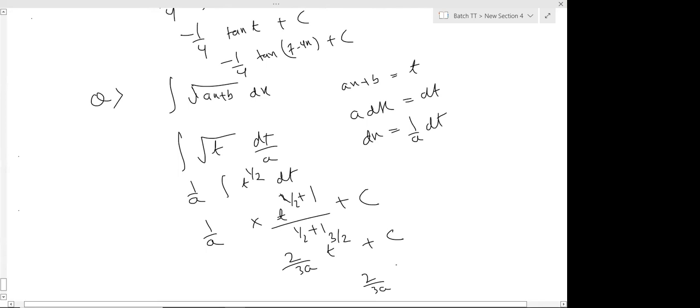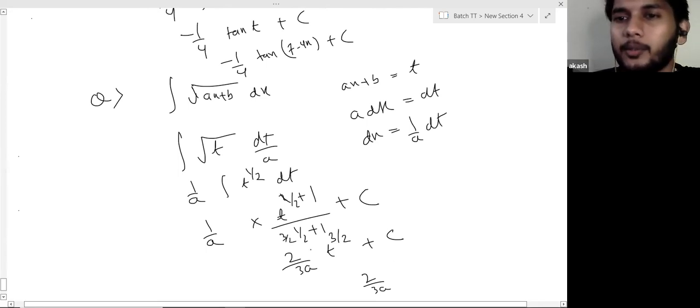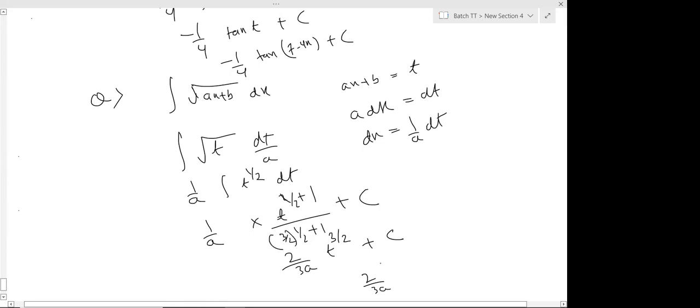Okay, sir. Thank you, sir. But it should be presentable, right? Don't leave 3 by 2 like this, it doesn't look good. Okay, sir. So just one question. For any constant, you should just put it with dt, so it becomes 1 by a, right?